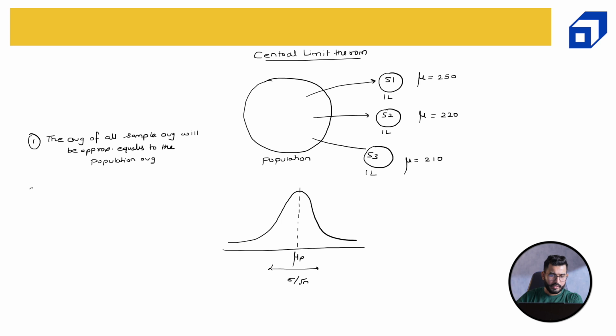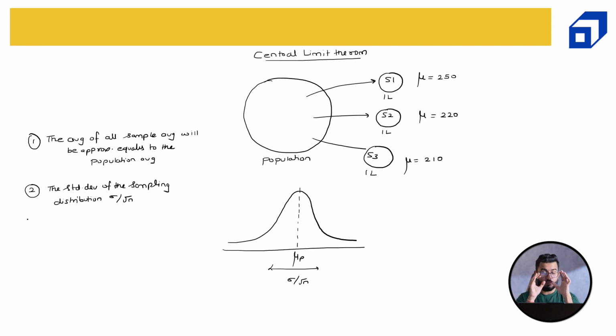The second property is that the standard deviation of the sampling distribution is given as sigma divided by root of n.